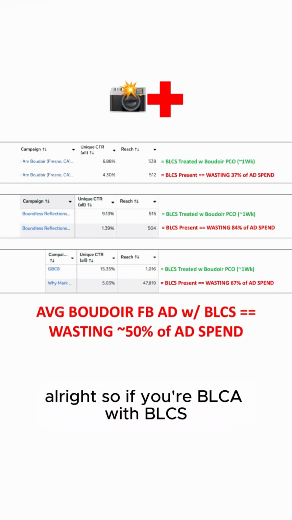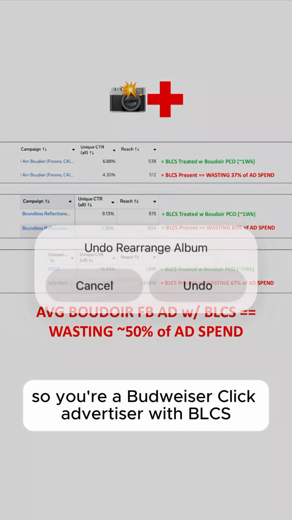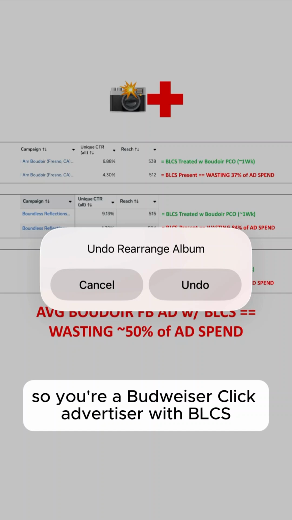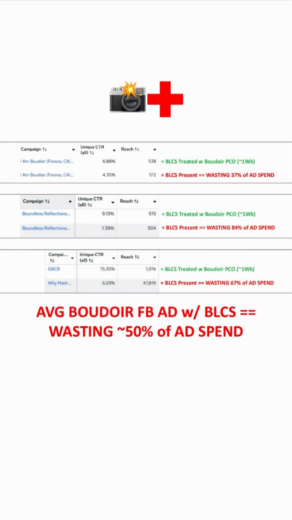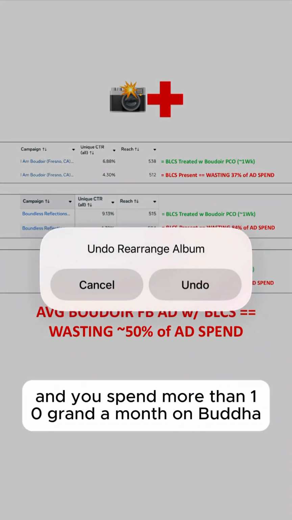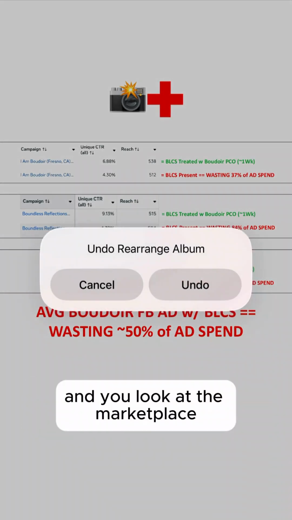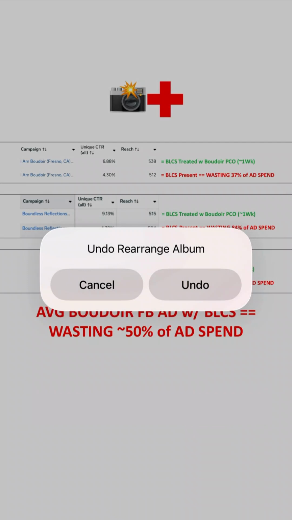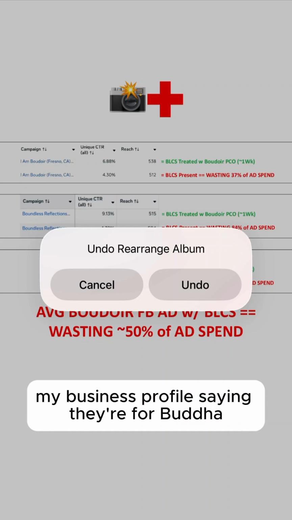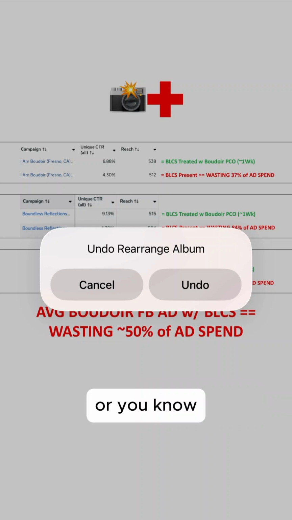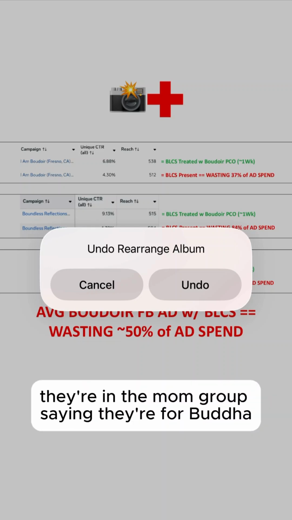All right, so if you're a BLCA with BLCS, so you're a boudoir low-click advertiser with BLCS, and you spend more than 10 grand a month on boudoir Facebook ads, and you're looking at the marketplace seeing it get more saturated, it seems like anytime someone gets a new iPhone, they're setting up their Google My Business profile saying they offer boudoir, or anyone gets a new camera, they're in the mom group saying they offer boudoir.